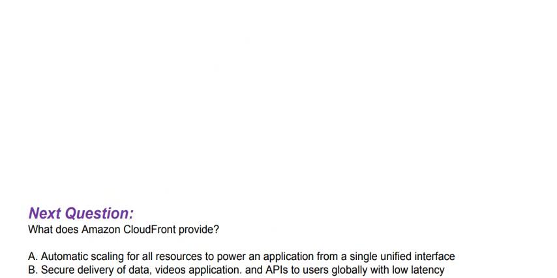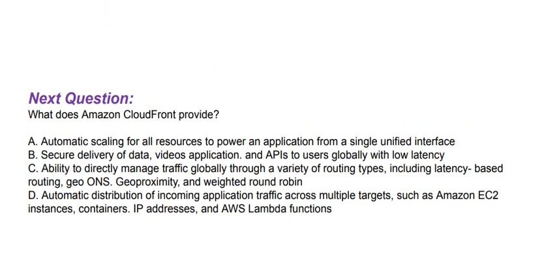Next question is, what does Amazon CloudFront provide? Option A. Automatic scaling for all resources to power an application from a single unified interface. Option B. Secure delivery of data, videos, applications, and APIs to users globally with low latency.